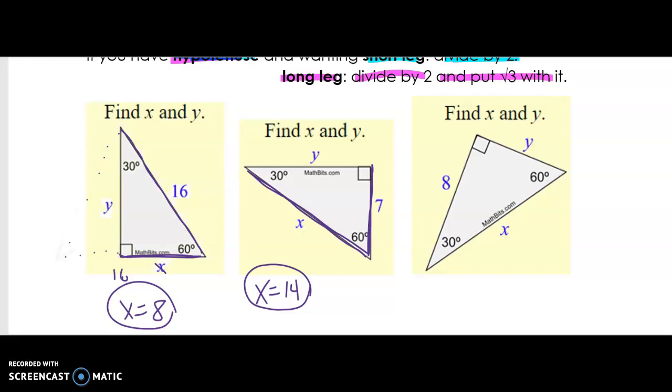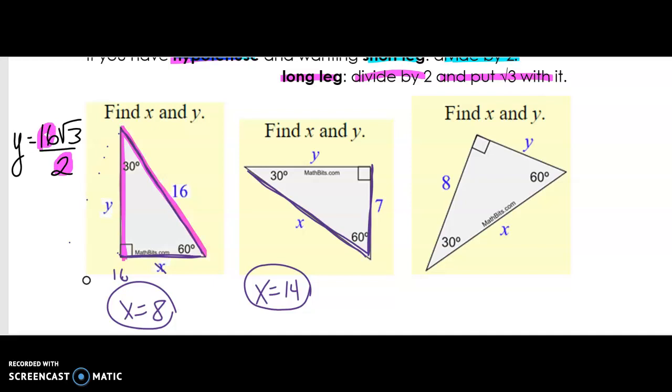Now, let me erase some of this. Okay, now, if I have the hypotenuse and I want the long leg, so we're looking for y, we take the hypotenuse, put square root of 3, and put it over 2.